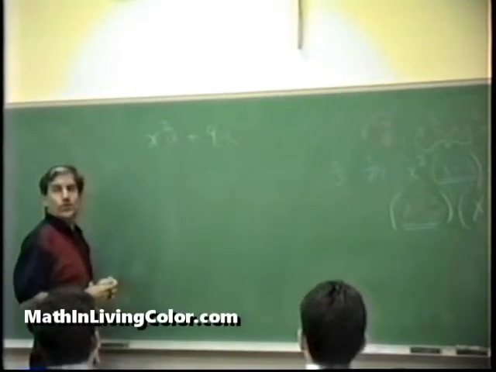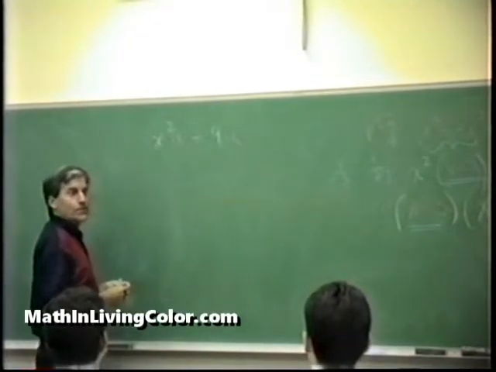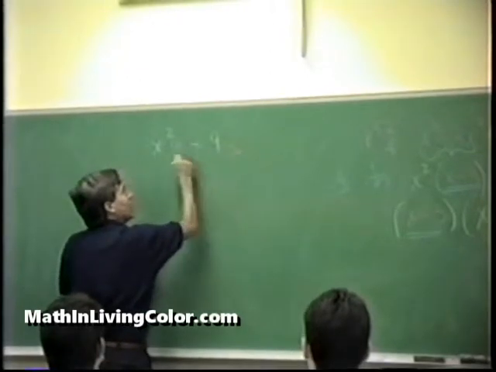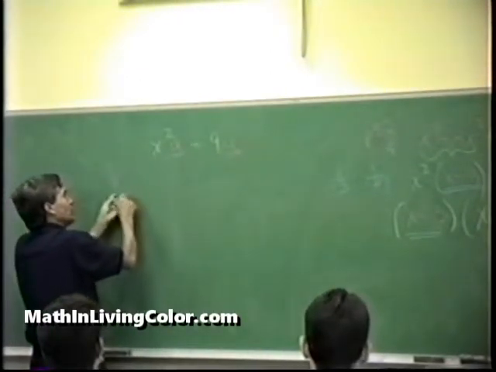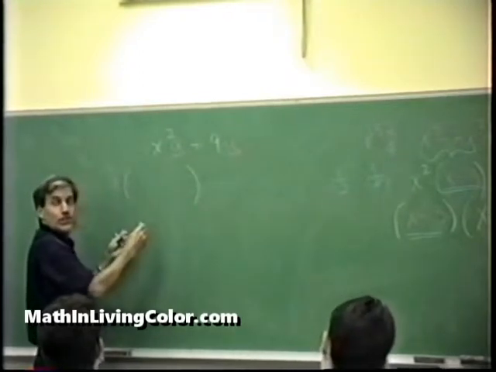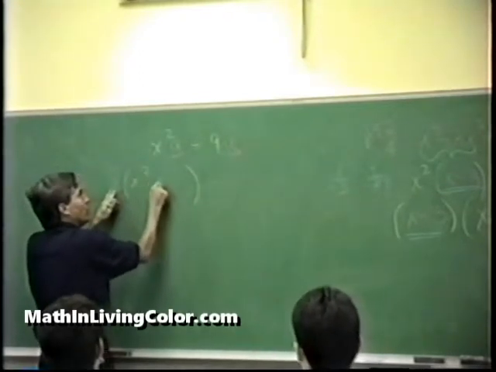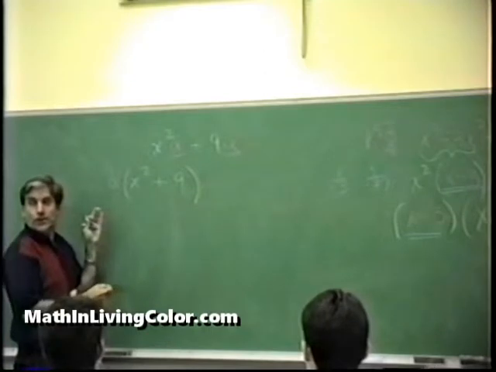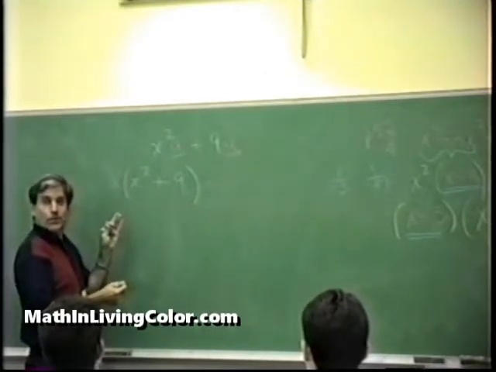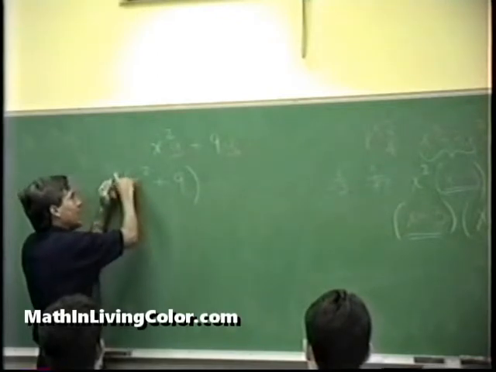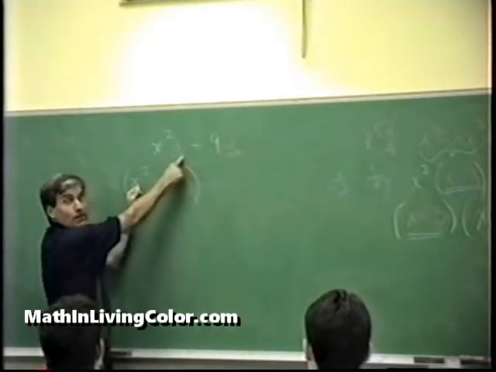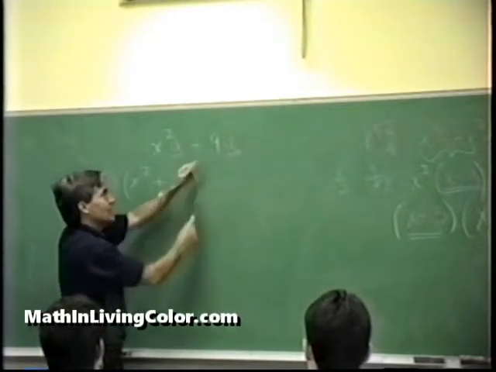What's the common factor? a. So what we do, we take out the a. If we take out the a, what would you get? a times parentheses of what's left, which is x squared plus 9. Is that right? You check it by distributive property. You go a x squared, which is x squared a, and then a times 9 is 9a.